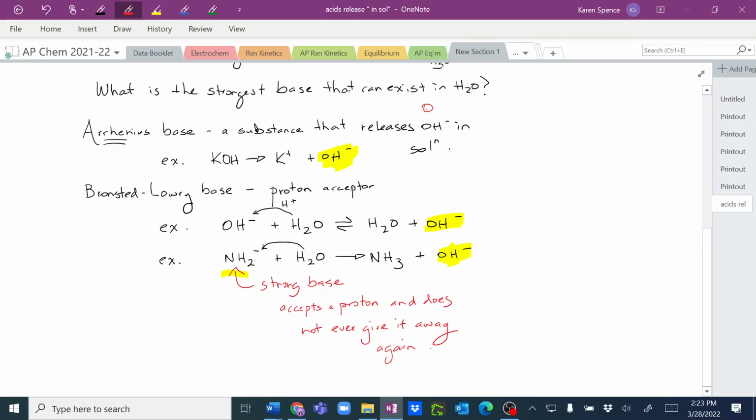So who is the strongest base? It is OH-. The strongest acid is H3O+. The strongest base is OH-, but those are only the ones that can exist in water. You can have stronger ones, but they immediately react with the water.